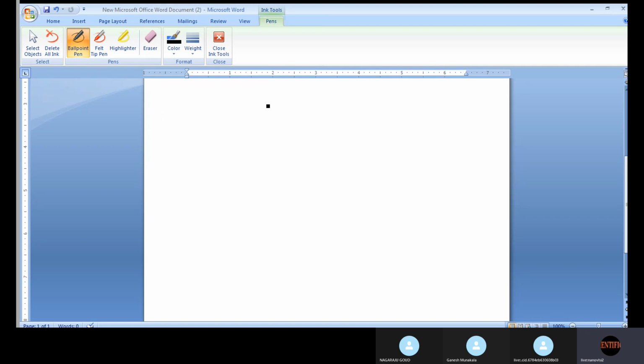The ASIC design flow is very important. Normally in VLSI, we have front end and back end. Front end is nothing but RTL coding.